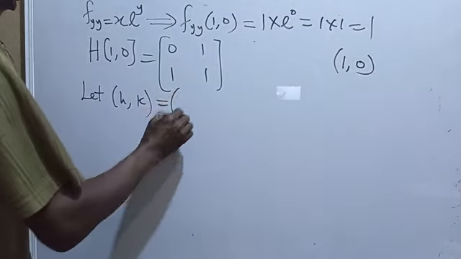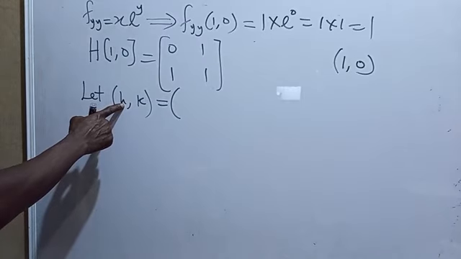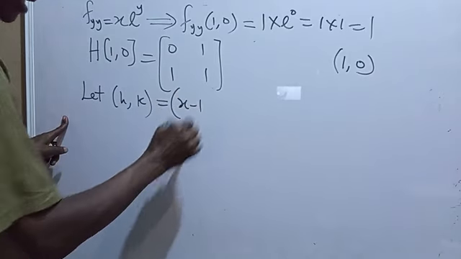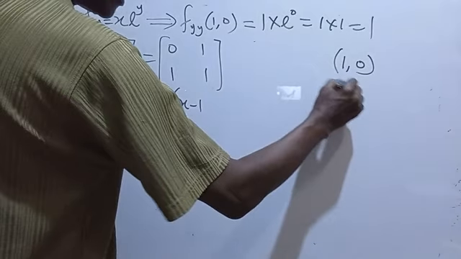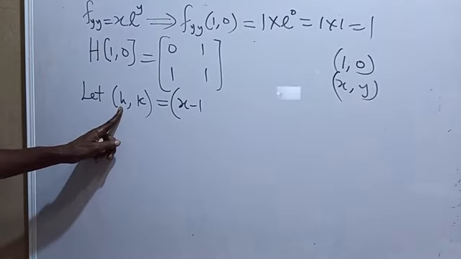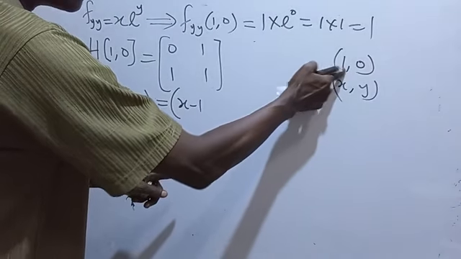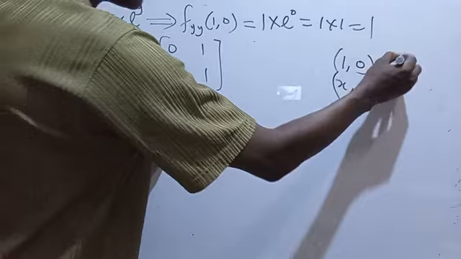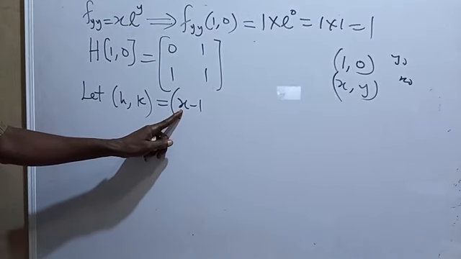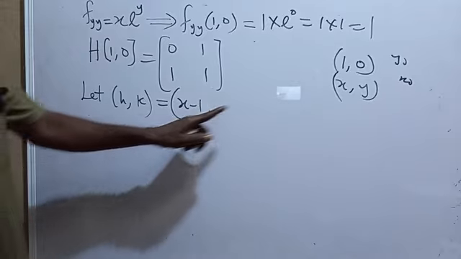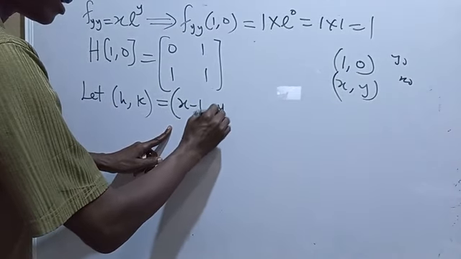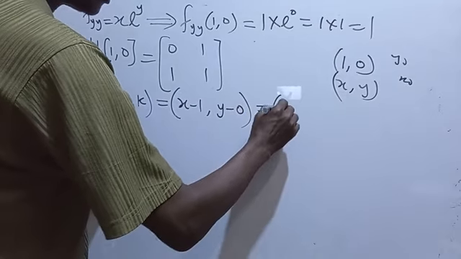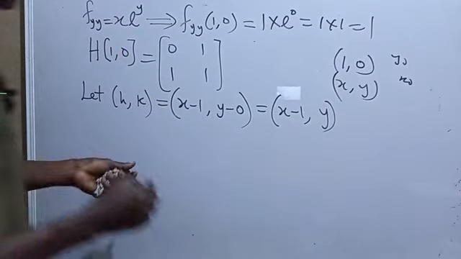So now, if this one is an increment in x, that means h will be x minus 1. We want to change our x, y with respect to h and k. So subtract this value given from x. We assume that this value is x naught, and this one is y naught. So h is x minus 1, and k will now be y minus 0, which is y.